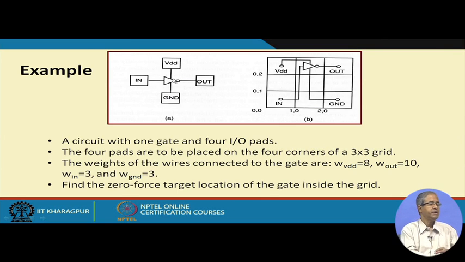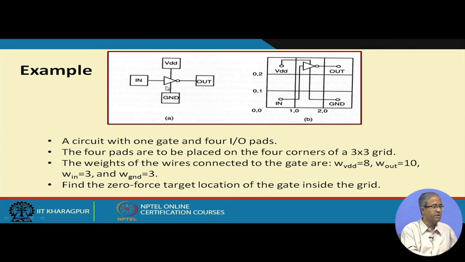I am assuming for simplicity a 3 by 3 grid like structure, a very small sub problem for illustration, where the 4 pads are already pre-placed in the 4 corner rectangles. VDD is here, out is here, ground is here, and in is here.